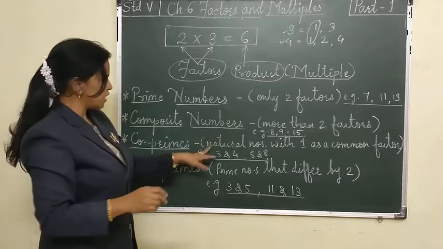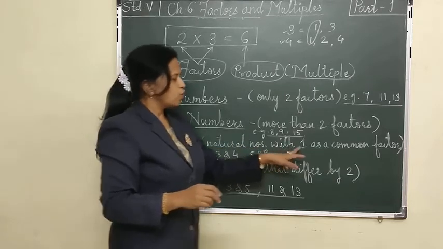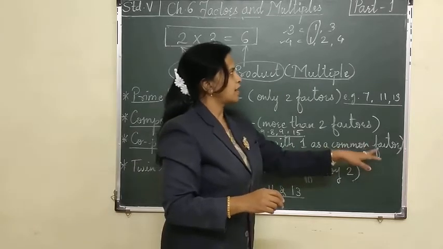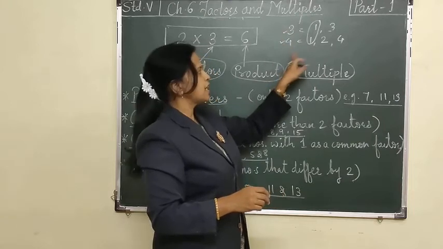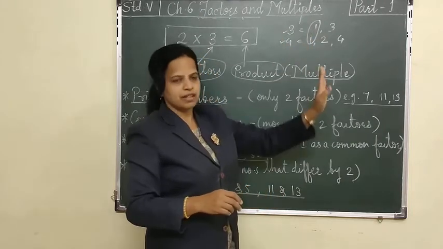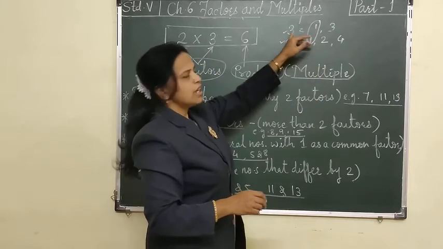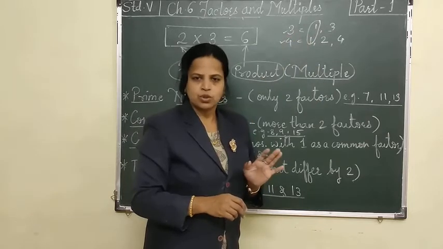Try to understand: natural numbers with 1 as a common factor. These are two natural numbers that have only 1 as a common factor, so they are called co-primes. Do you understand?